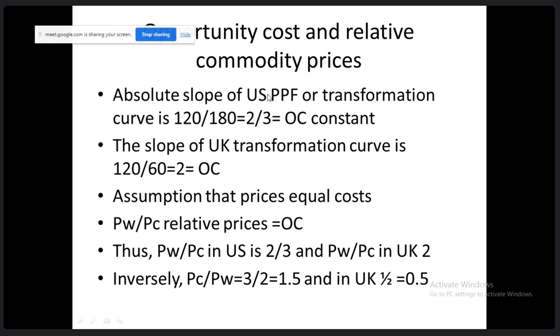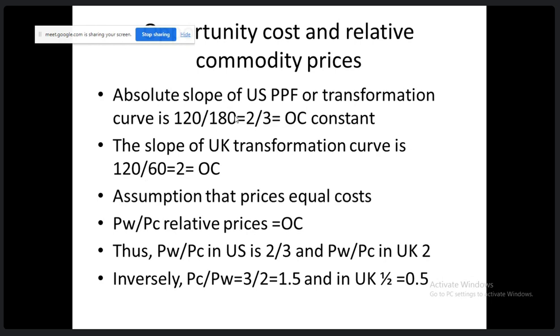So if the slope of the production possibility frontier is 120 by 180, then the opportunity cost is 2 by 3, whereas the opportunity cost in UK becomes 120 by 60, which is 2.